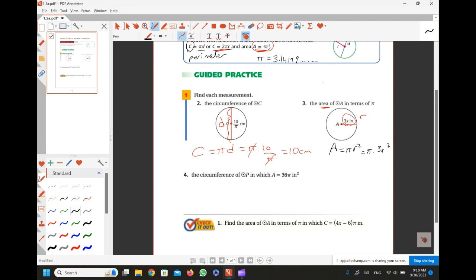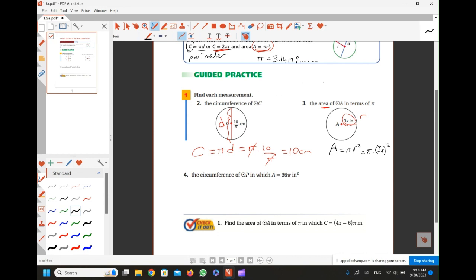We just need to be careful about this 3x. We are squaring it. We are not just squaring x. If you don't put a bracket here, that means you are just squaring x. But x is not our radius. Our radius is 3x, so we should put a bracket around it. This is very important. You may make a mistake here. Your radius is 3x, so you are squaring the whole radius, which is 3x.